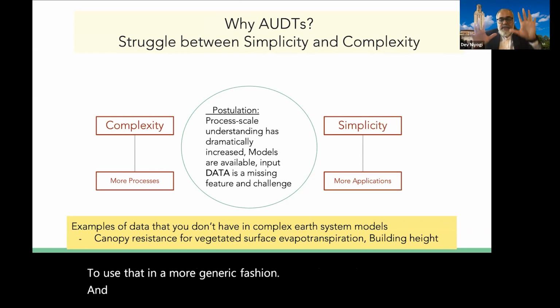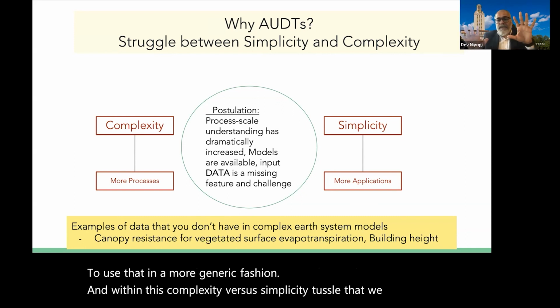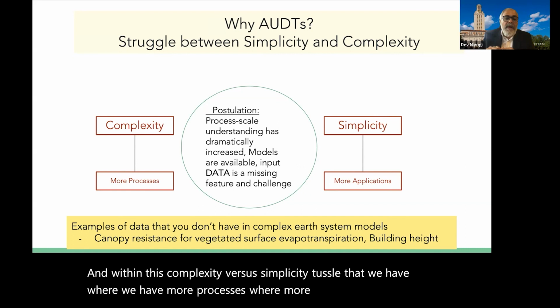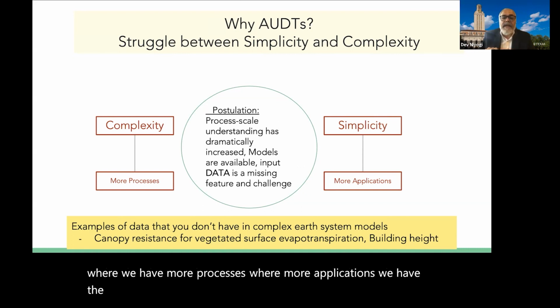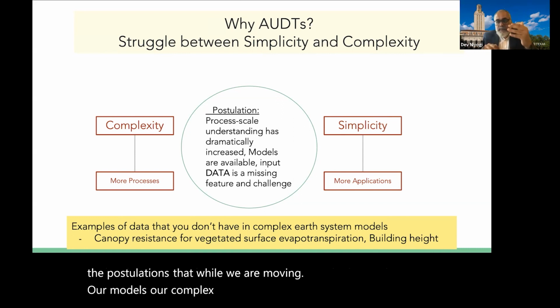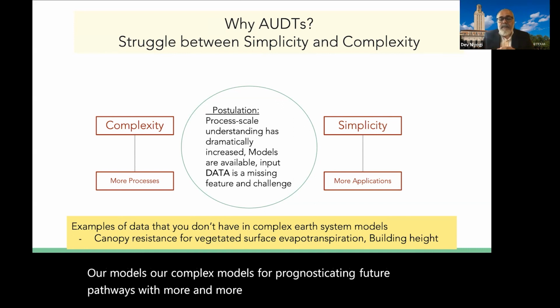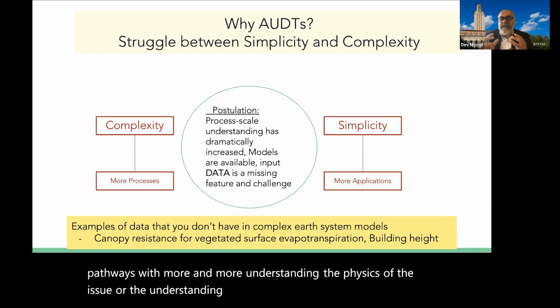And within this complexity versus simplicity tussle that we have, where we have more processes and more applications, we have the postulation that while we are moving our complex models for prognosticating future pathways with more and more understanding, the physics of the issue or the understanding of the processes is no longer becoming a bottleneck.